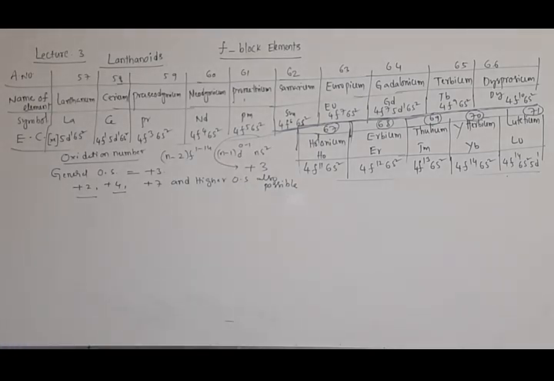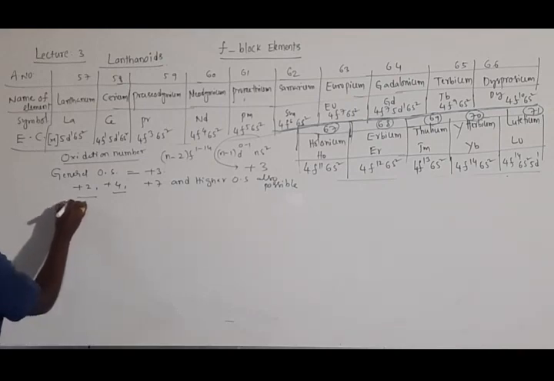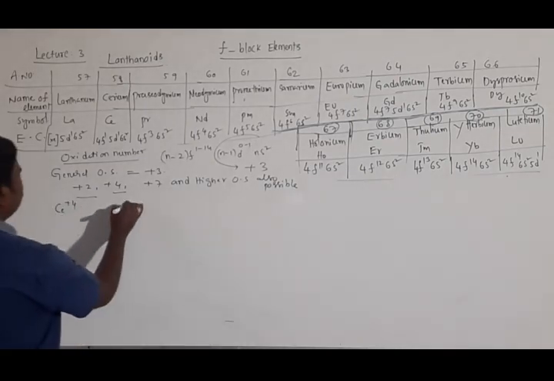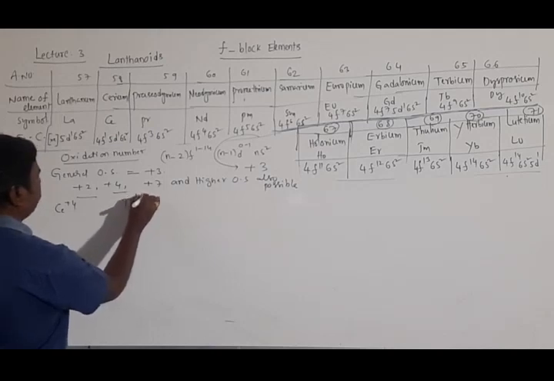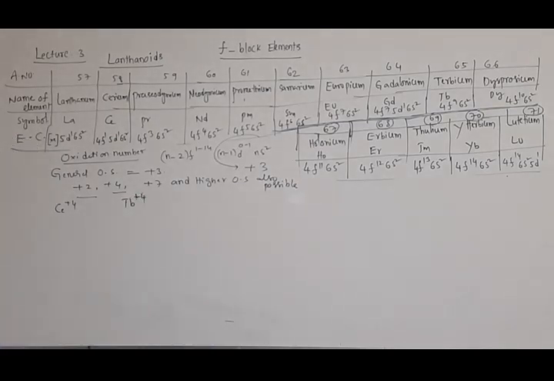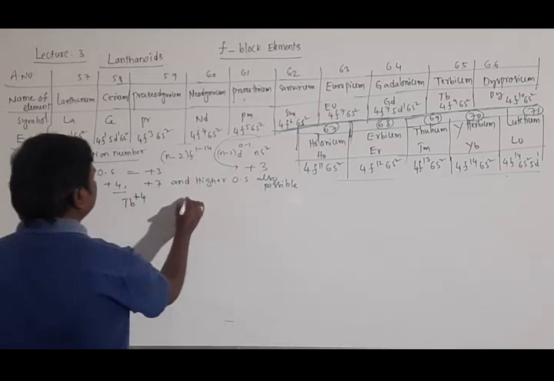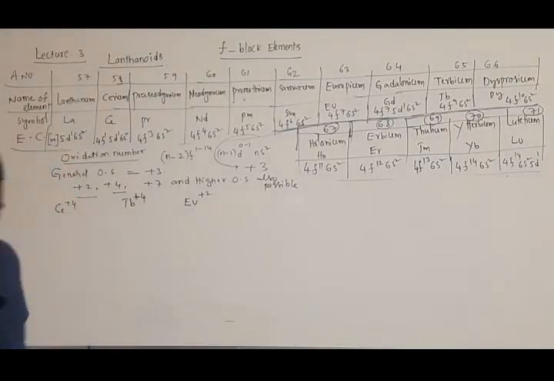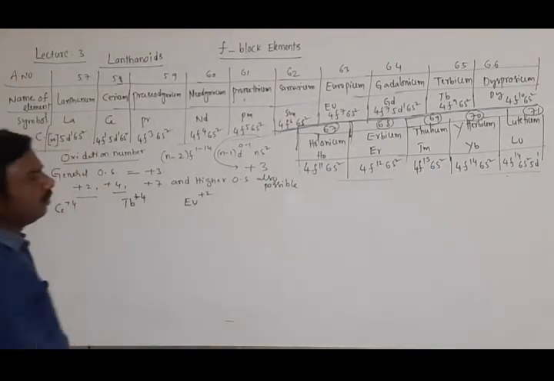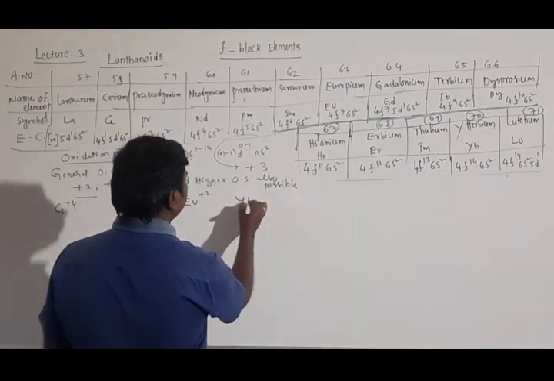Now, 4f0: cerium plus 4. Next one is terbium plus 4, next one is europium plus 2, and the last one is ytterbium plus 2.